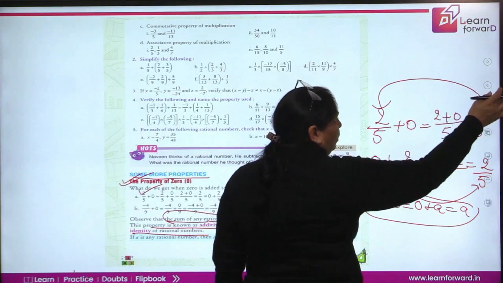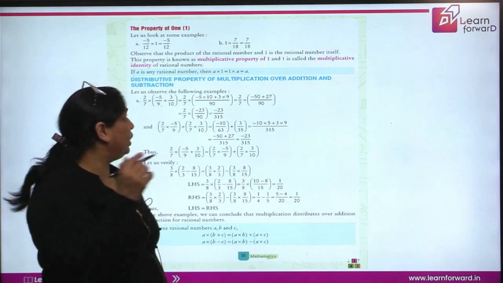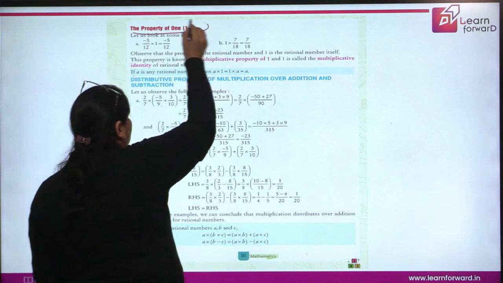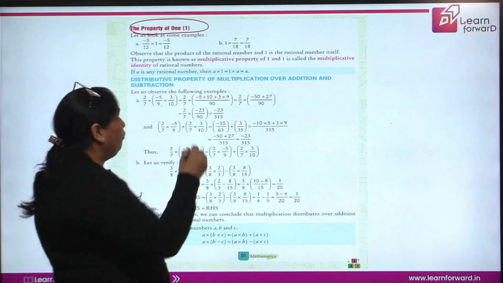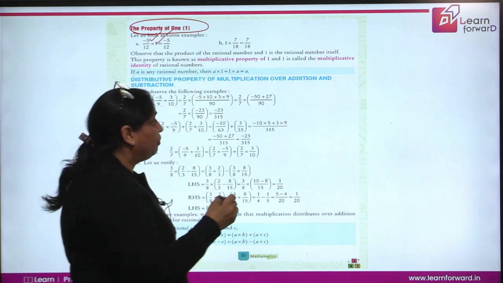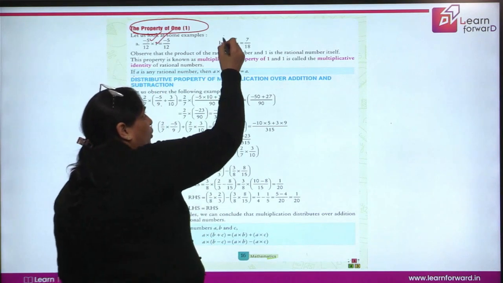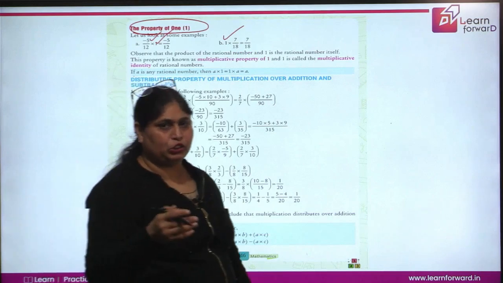Moving on to the next property. The next property is the property of 1. Again, we are taking a negative rational number and 1. We are multiplying it, and we are getting minus 5 upon 12. For case 2, we are multiplying 1 with a positive rational number.